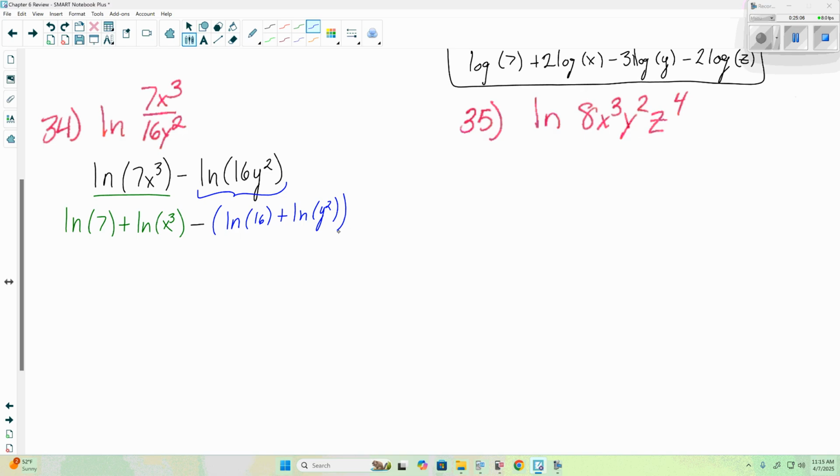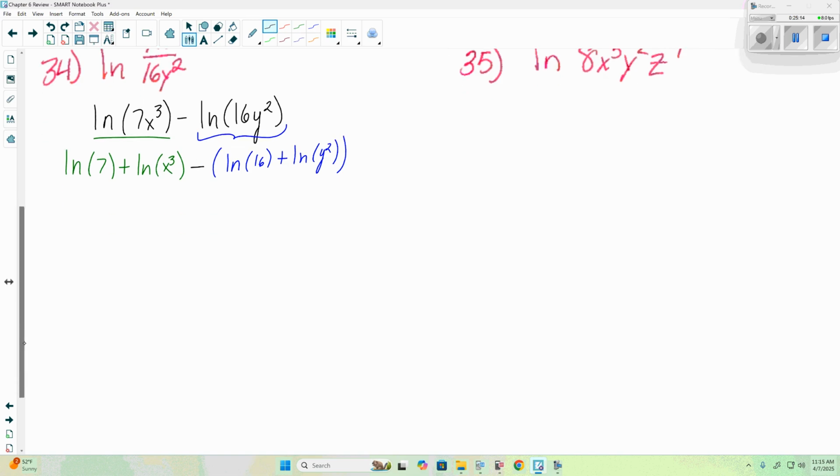Both of those terms are in the bottom of the fraction, so when we get done, both of their logs have to be negative. So really looking at natural log of 7 plus natural log of x cubed minus the natural log of 16 minus the natural log of y squared.